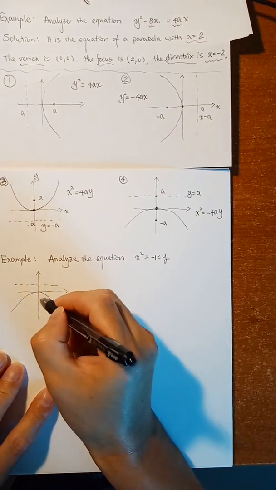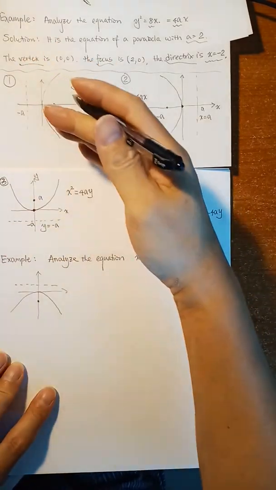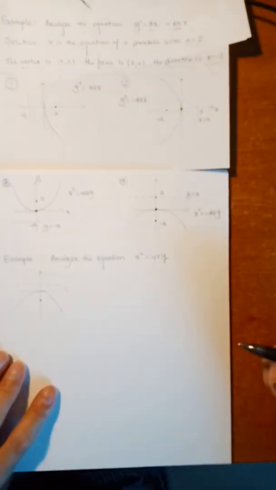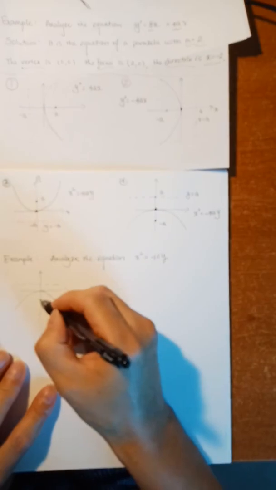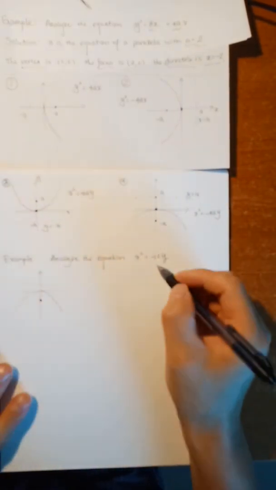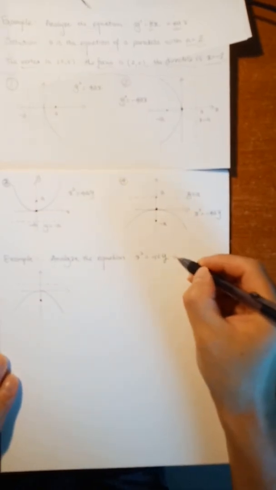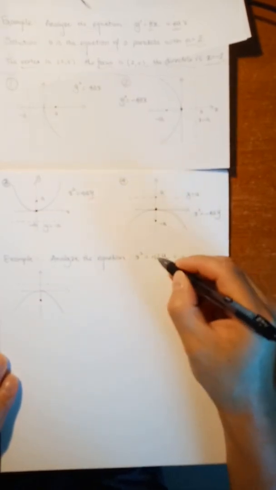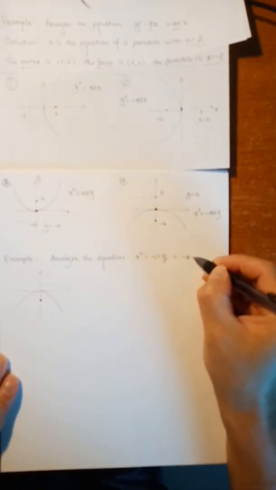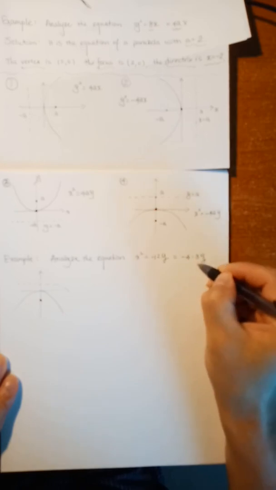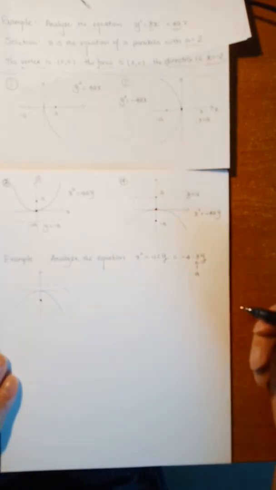And the directrix is always on the opposite side of the opening. The focus is always enclosed by this parabola. Okay, so it's always a negative sign. 12 is 4 times 3y, so you know that a is 3.